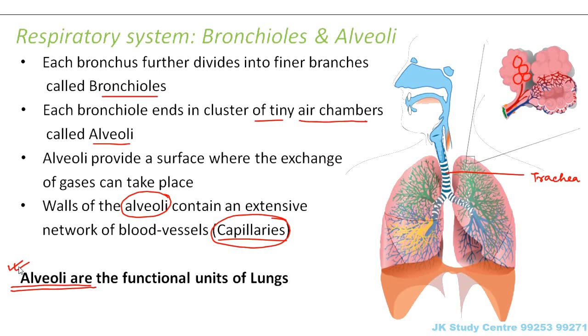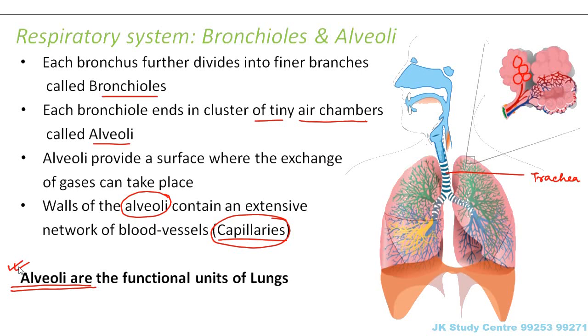Right? So alveoli is the place where the actual exchange of gases will take place, and after that the gas will be transferred to the capillaries, which are the blood vessels, and these blood vessels will then transport the blood through to the rest of the body. That means it will ensure that the air or the gas reaches each and every cell of the body, and then inside each and every cell the oxidation of the assimilated molecules will happen.